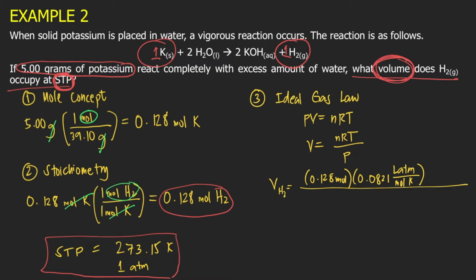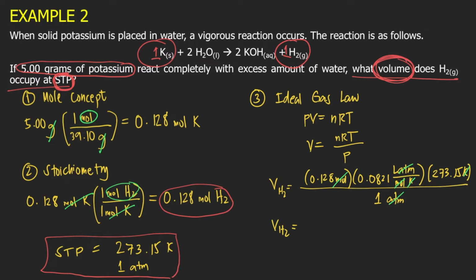So for the temperature, because the problem says STP, we will be using the standard temperature, which is 273.15 Kelvin. Divided by the pressure, since again it's STP, we will be using the standard pressure, which is 1 atm. Let's see how the units cancel out. Moles will cancel, Kelvin will cancel, atm will cancel.